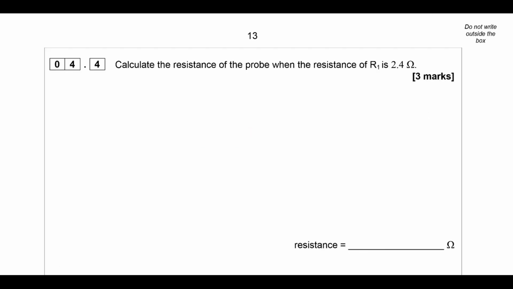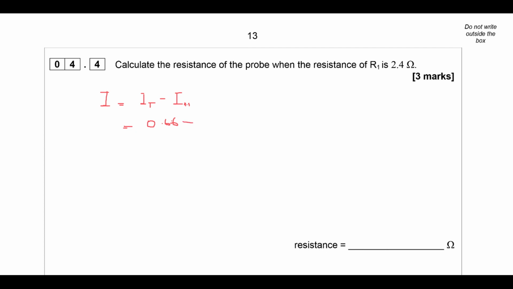So we want to calculate the resistance of the probe when the resistance of R1 is 2.4. So let's find the current going through the probe. That's going to be the total current minus the current we've calculated in 4.3. So the total current is 0.66, which we found earlier.